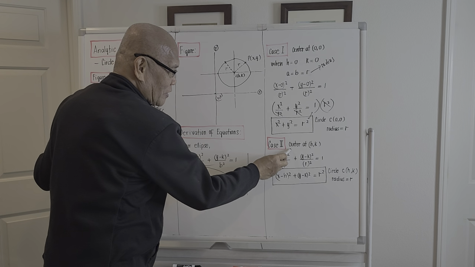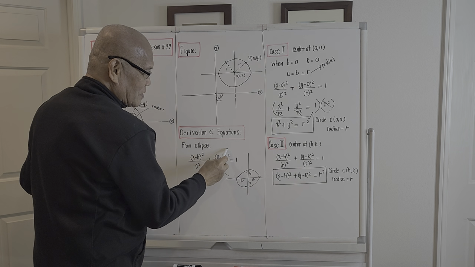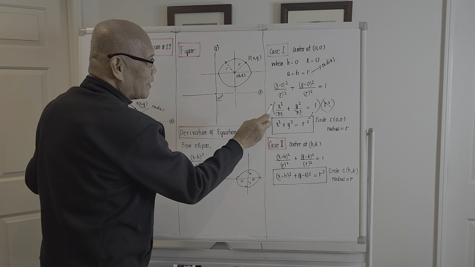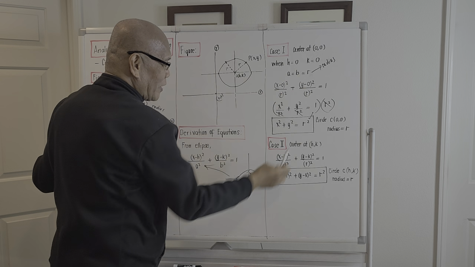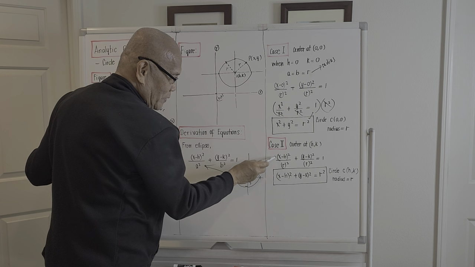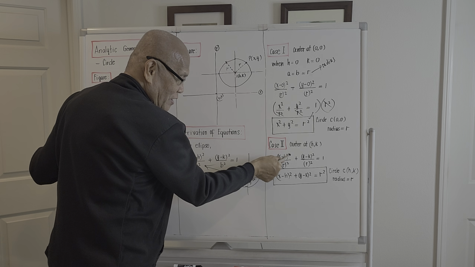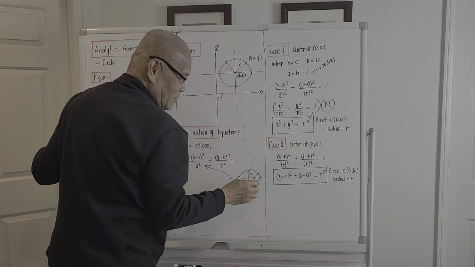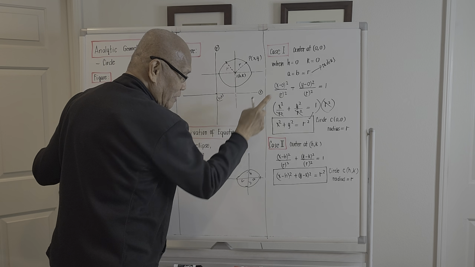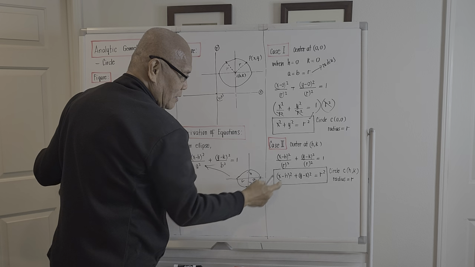If the center of the circle is at h, k, we will be following this, and still we will replace a equal to b equal to r. Back to this equation here. What will come out? This should be x minus h quantity squared. H here is not 0, it's just simply h. All over a squared, but a is still equal to r, so this will be r quantity squared.